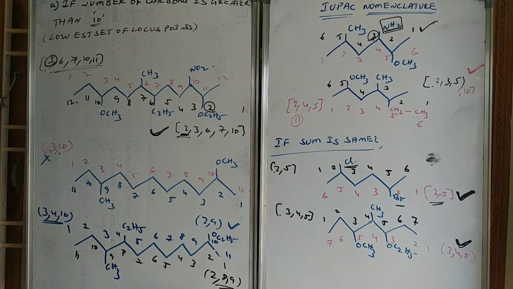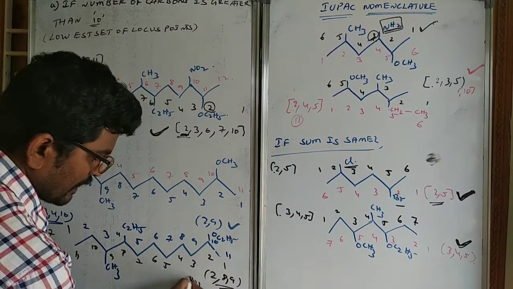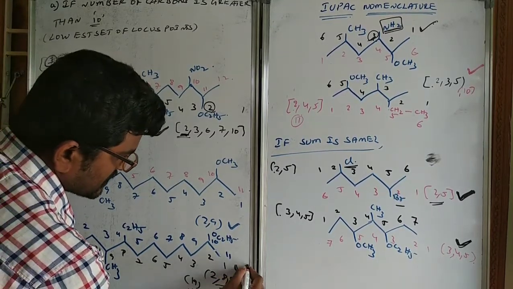So now you see here 3, 4, 10 sum will be 17. Here 9, 8, 2 will be 19. Which will be preferred? This will be preferred.